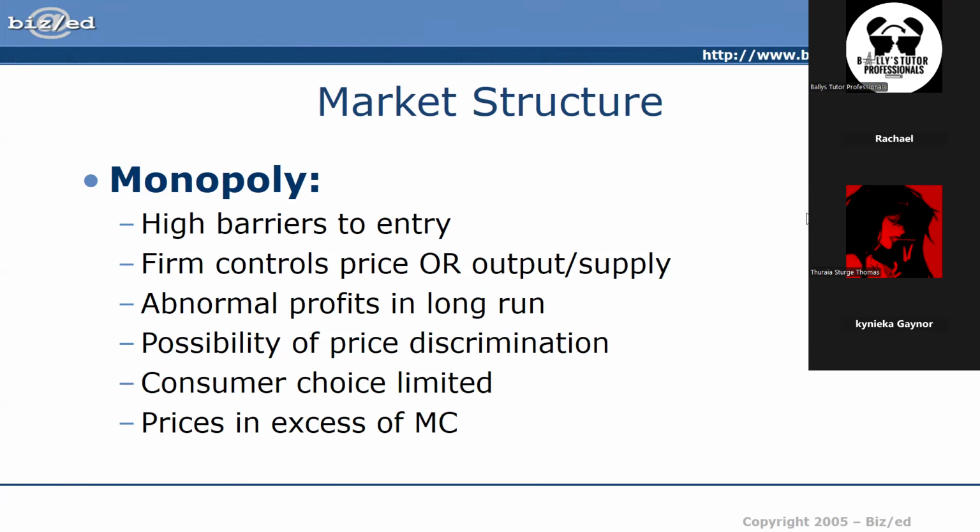You'll look at what abnormal profits and such mean later on. There's a possibility of price discrimination because they have total control of their price. If they want, they could say, well, Rachel, your price is 1,000, but Taraya, your price is 3,000.